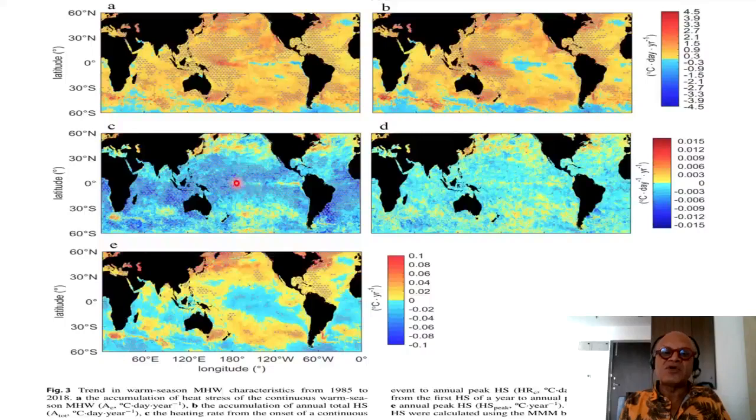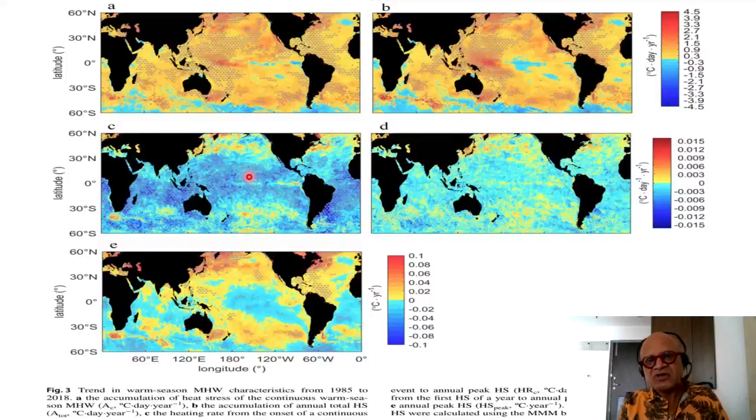But in the case of marine heat waves, that is also related to the coupled processes of the Walker cell and the ocean heat uptake itself. So more ocean heat uptake here doesn't necessarily directly affect the trends in the Western Pacific warm pool.